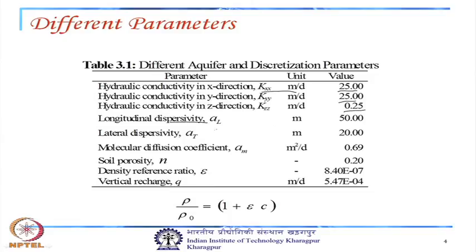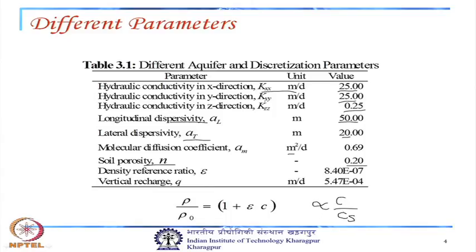Longitudinal dispersivity alpha L is 50 meters, alpha T is 20 meters, molecular diffusion coefficient is 0.69 meter square per day, soil porosity is 0.2, and density reference ratio. Interestingly, previously we have used this alpha C divided by Cs.